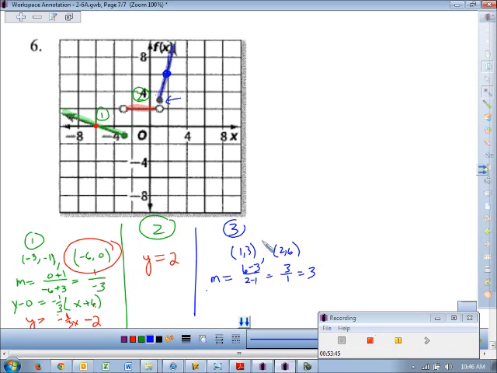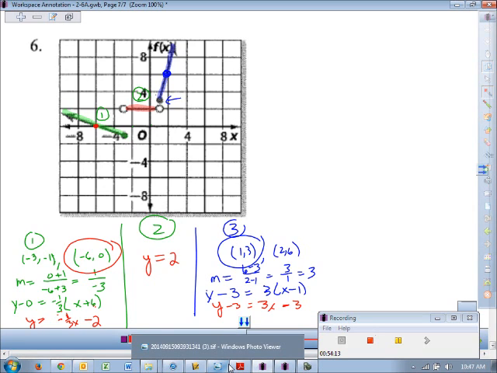So I'm going to choose this one. Don't have to, but I'm going to choose that one. y minus 3 equals the slope of 3 times x minus 1. Distribute the 3 first. y minus 3 equals 3x minus 3.